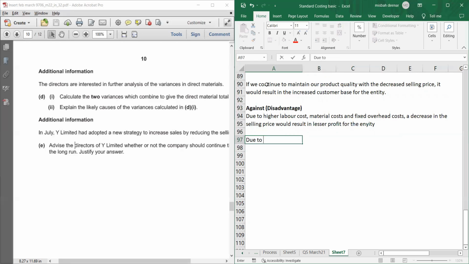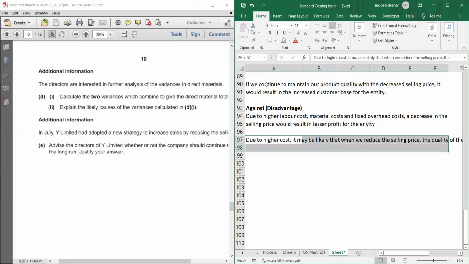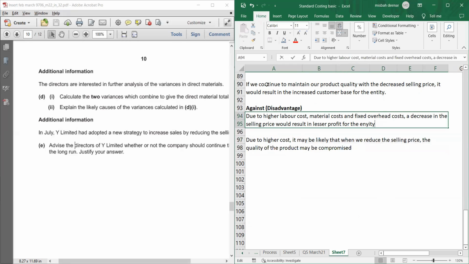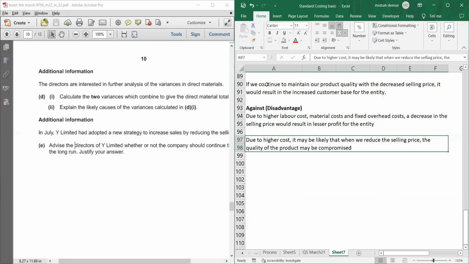But due to higher costs, it may be likely that when we reduce the selling price, the quality of the product may be compromised. So another disadvantage, ignore the spelling error.